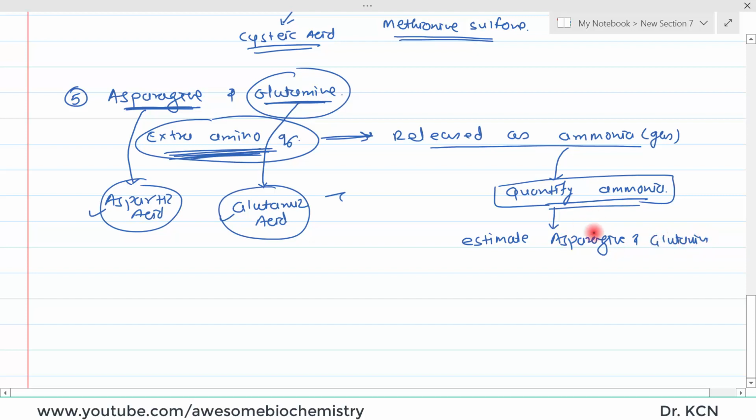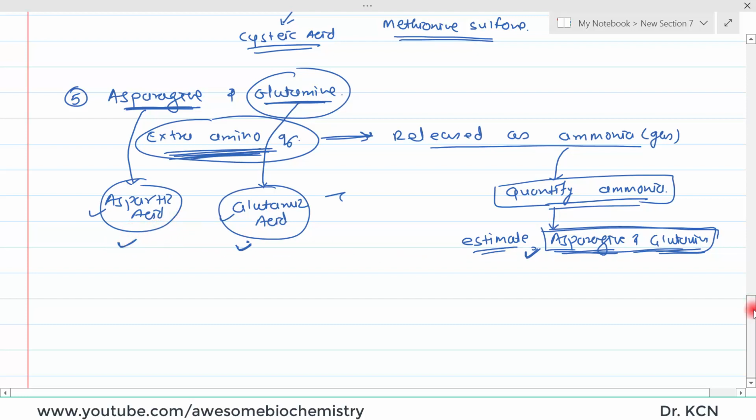But of course, we cannot separately estimate how much asparagine and how much glutamine is there. We can only estimate combinedly that asparagine and glutamine together make, for example, 2 moles in the particular protein. We have to always state in combination that asparagine plus glutamine in our example protein is either 2 moles or 3 moles, like that. Again, whatever quantity comes, we have to deduct from the aspartic acid and glutamic acid readings, so we can get those readings properly.